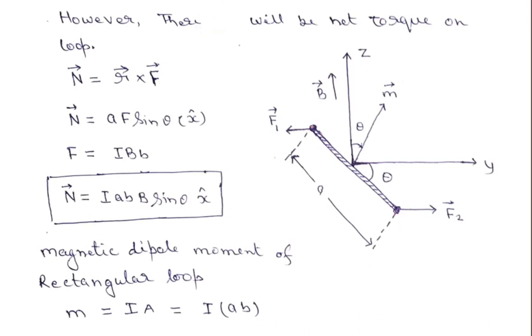If you consider this length of the rectangle, there is one force because of side 2, working along this direction, and there is another force F1 because of side 1, which is working along the plus y direction.